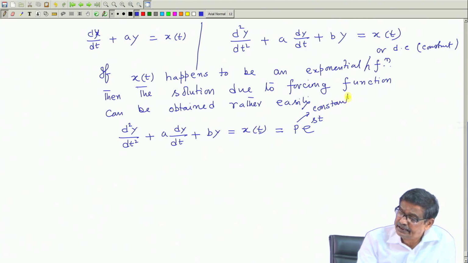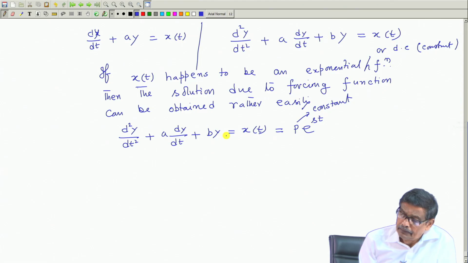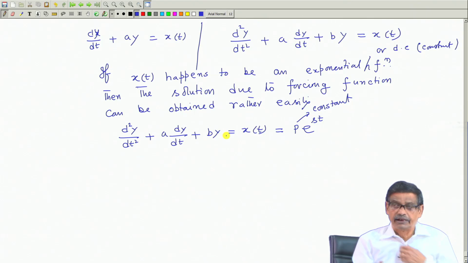Suppose we have excited a system with this signal, okay, and want to solve for y. Then how do we find the solution in this fashion? Let us see.